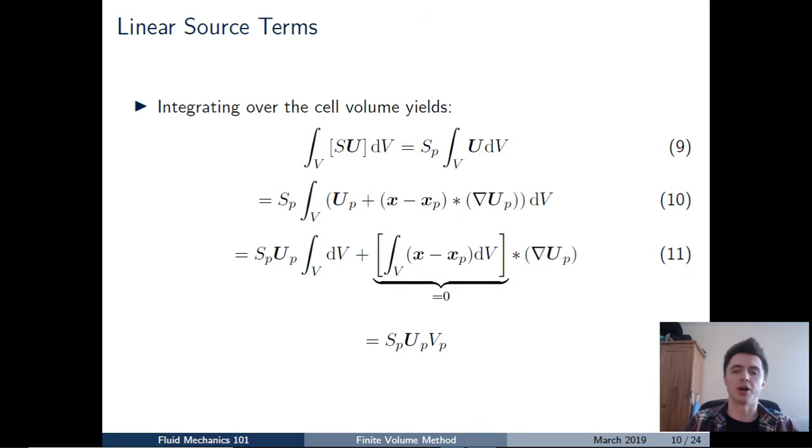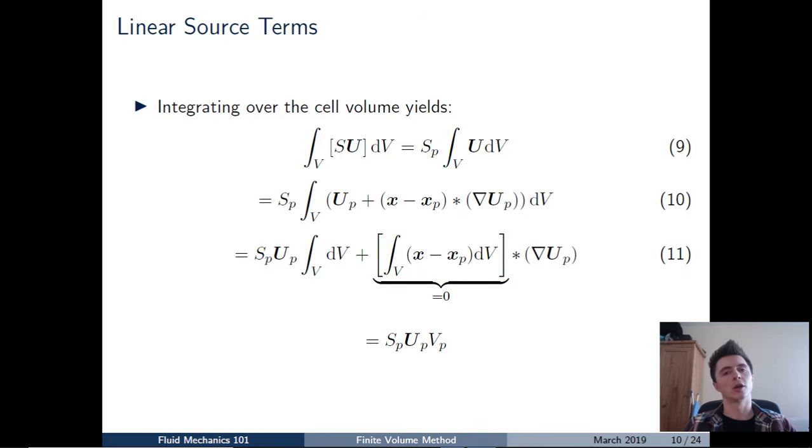And then for the second part, we can also take the gradient at the cell centroid outside the integral, and that just gives us the remaining integral of the position of every point in the cell relative to the cell centroid. Now, this integral here is actually 0, and this follows because that is the definition of the cell centroid of a given cell. The cell centroid xp will always satisfy that integral there.